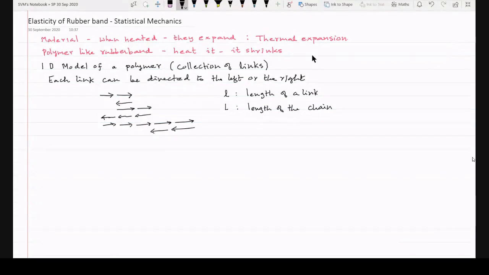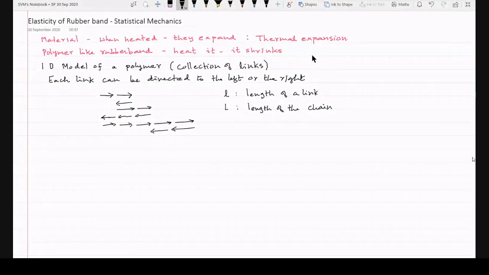If a link is to the right, then the length will be l. If it is to the left, then the length will be minus l. For example, if you call this 0, then l, 2l, then again l, 2l, 3l, l, 0 and minus l, l, 2l, 3l, like that. You understand what to do, right?